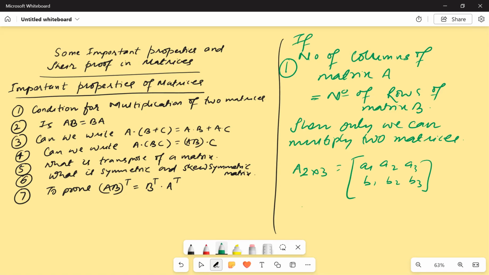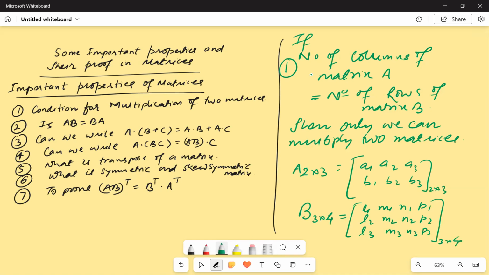And now let B be a 3 into 4 matrix, so 3 rows and 4 columns, like L1, M1, N1, P1, L2, M2, N2, P2, L3, M3, N3, P3. This is 2 into 3, this is 3 into 4. So we can multiply because there are 3 columns and 3 rows.